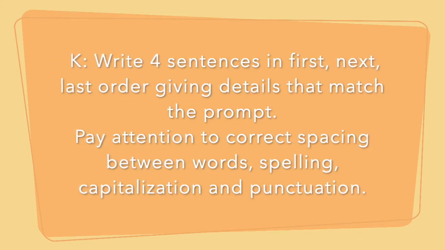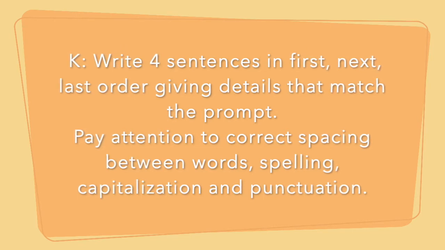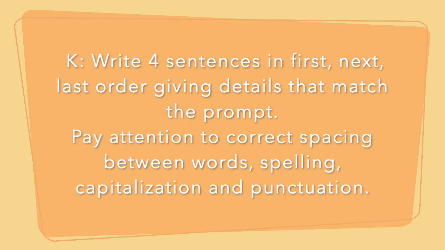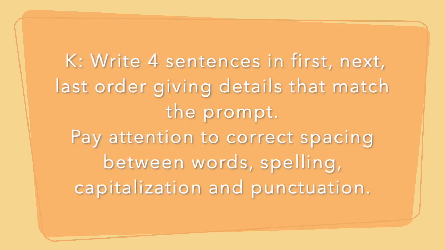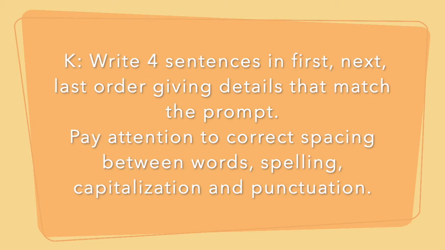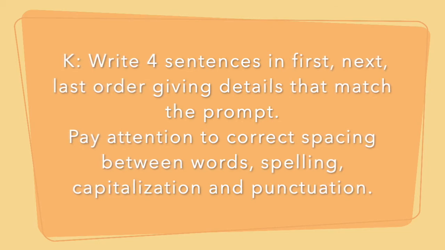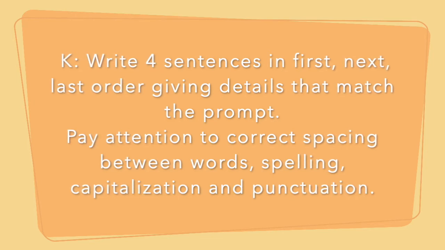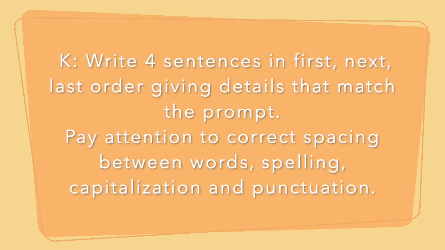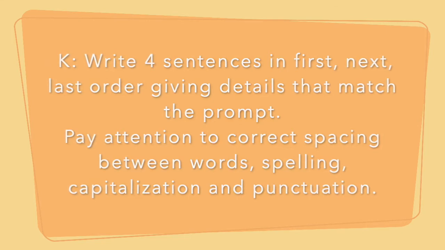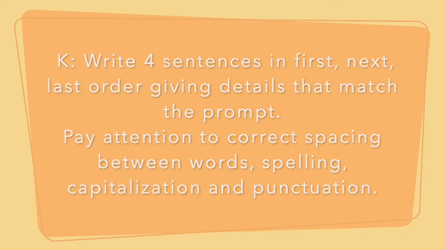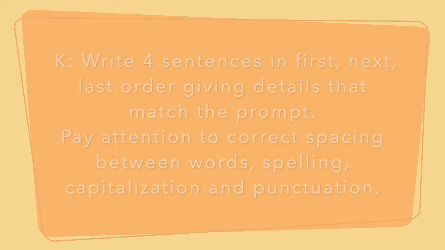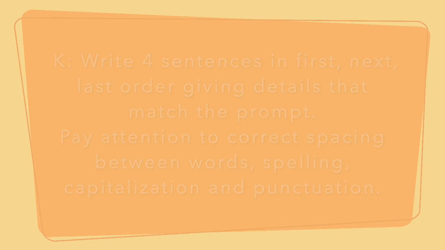As always, scholars, we're paying attention to punctuation, making sure that we use exclamation marks, periods, and question marks. We're paying attention to capitalization, making sure that the first letter in the sentence is correctly capitalized, that the word I is capitalized, and that people's names are always capitalized. And we are also making sure that we have spacing in between words, 1 finger of space in between words. And lastly, we're making sure that everything is spelled correctly.